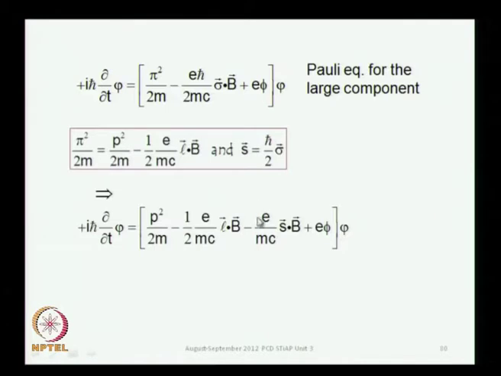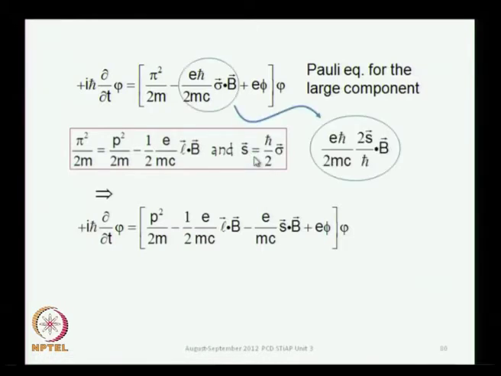So, you can write this as minus e over mc s dot B, because you have got h cross by 2 sigma over here. Okay. This is h cross sigma by 2, so that is replaced by the operator S. This term is nothing but e h cross over twice mc, twice S over h cross, the h cross cancel, the 2 cancels, and then you are left with minus e over mc S dot B.